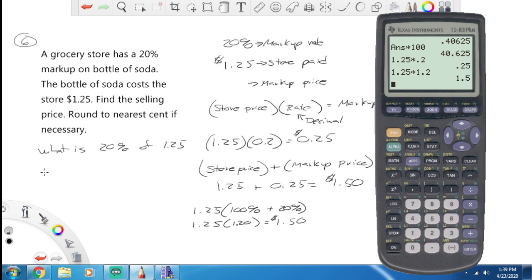Get that answer and then add that to 125. So there's your two steps. Go from there. Any questions on that one? I mean, there are many ways to do this. It's just whatever makes sense to you.